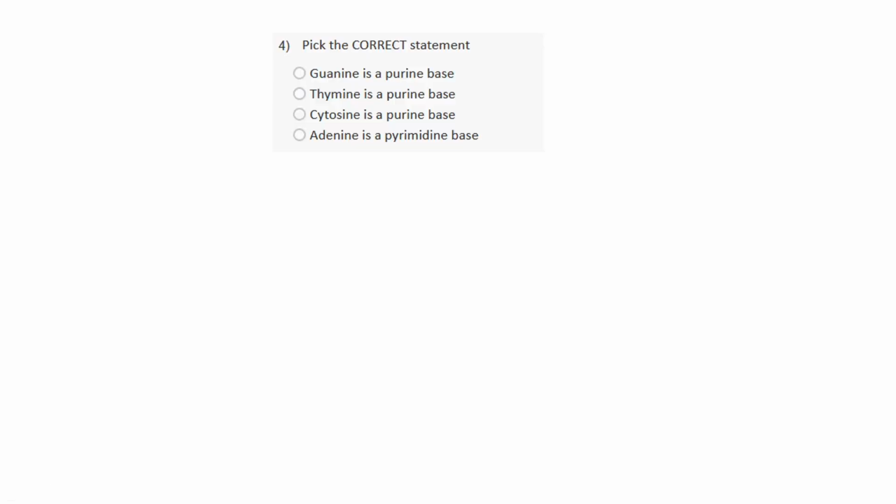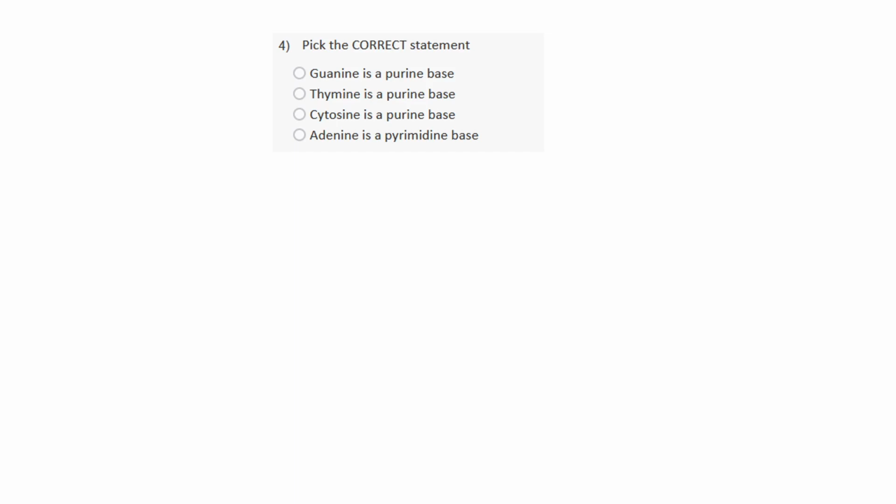Okay, question number 4. Pick the correct statement. Option A, sir. Guanine is a purine base. Adenine and guanine are purine bases. That's the correct answer.